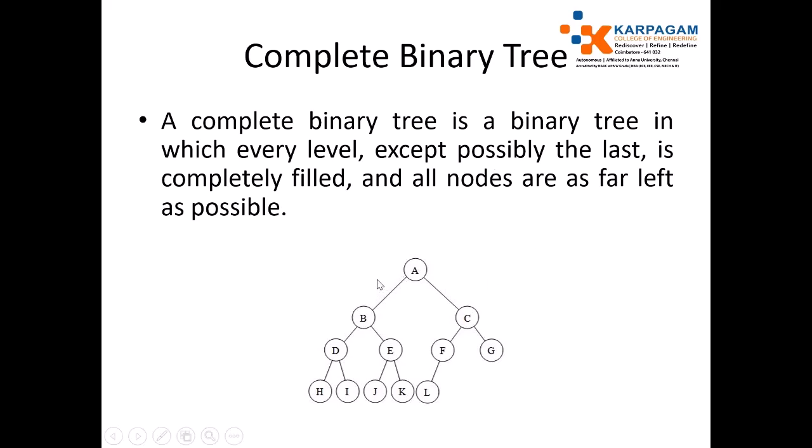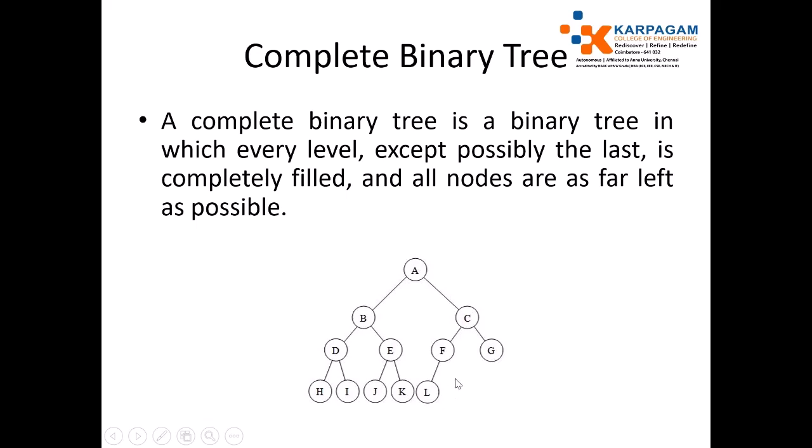For example, the root node we have only one node. Every node possesses exactly 2 children except at the last level, and all the nodes are as far left as possible. In the last level we fill the data from left to right.